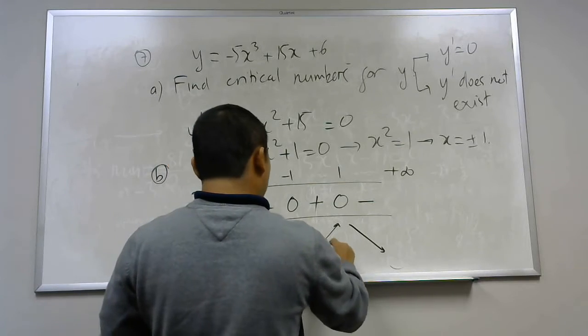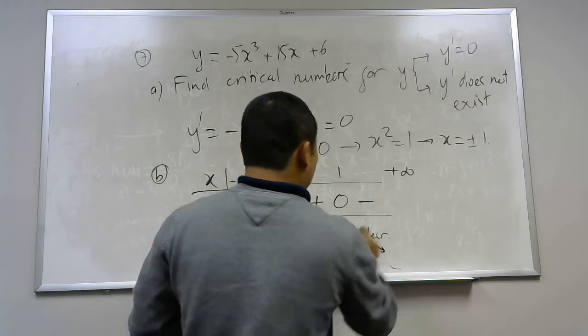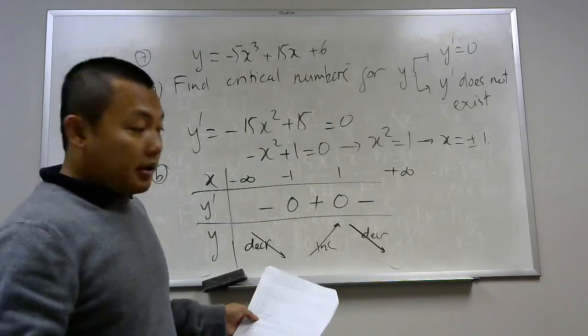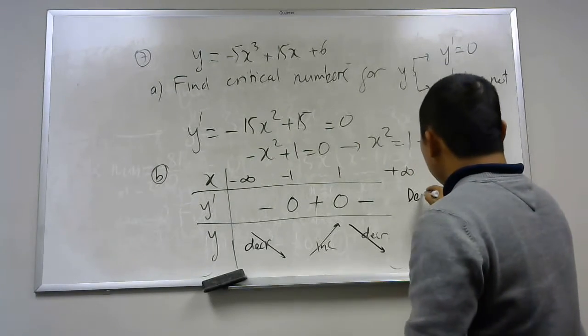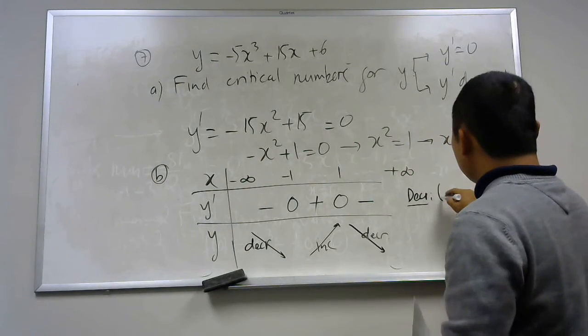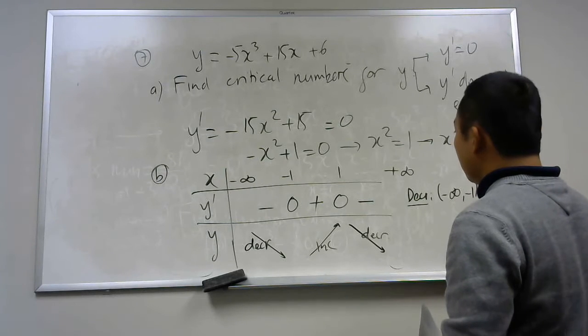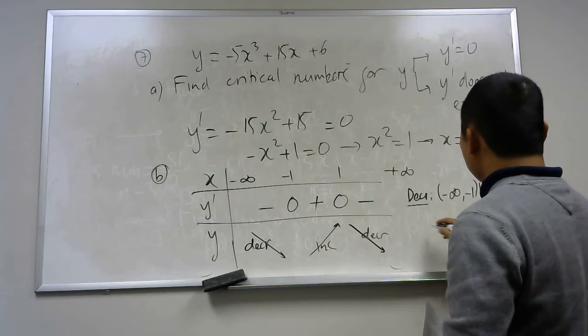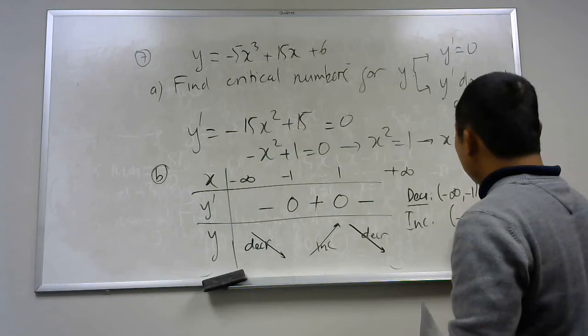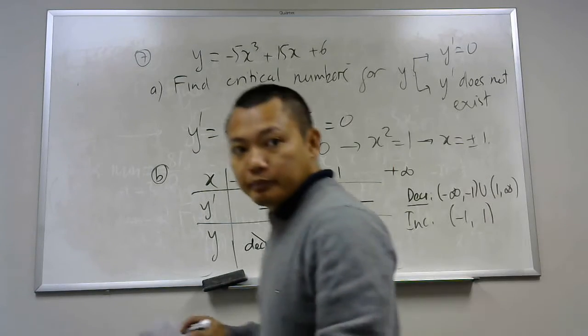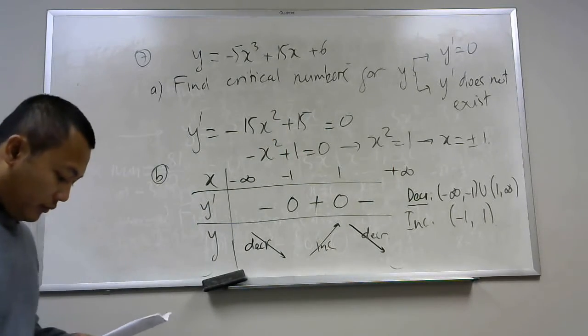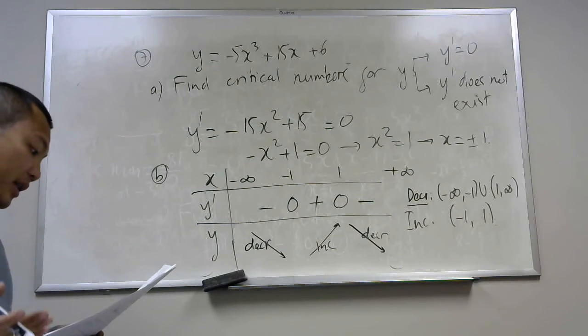Decrease, increase, decrease. If you want, you can write: decrease on negative infinity to negative 1 union 1 to infinity. Increase on negative 1 to 1.